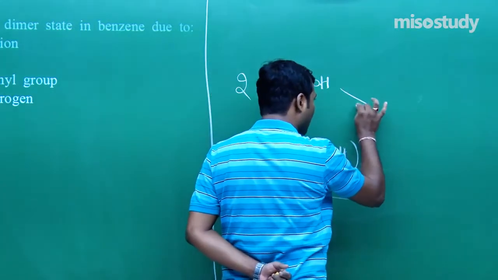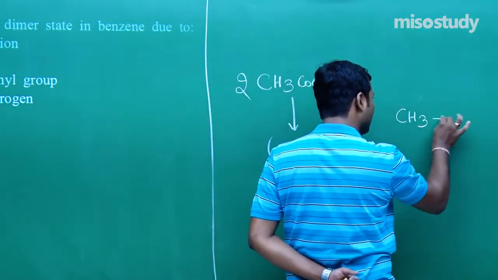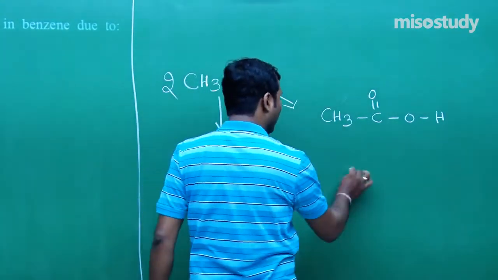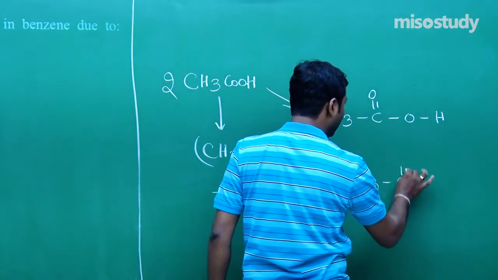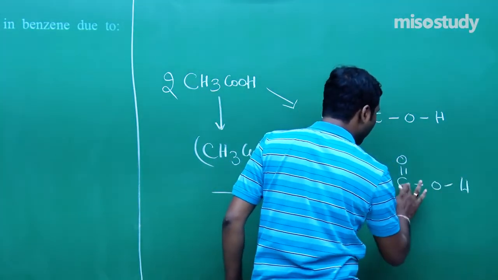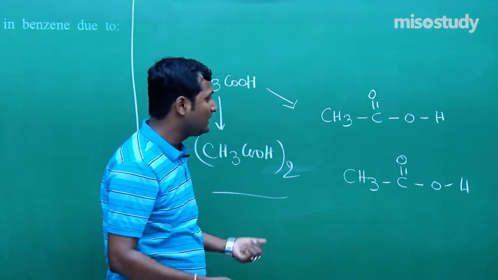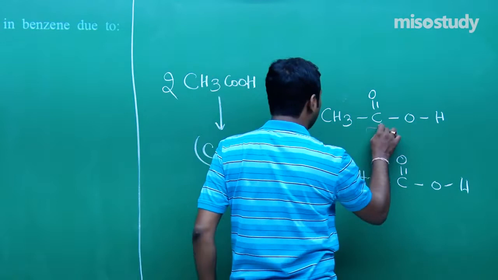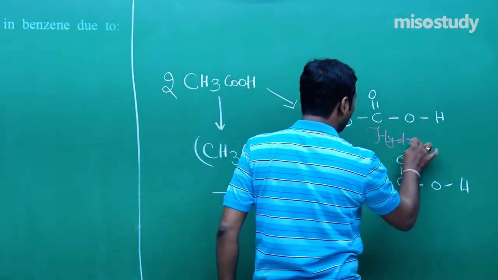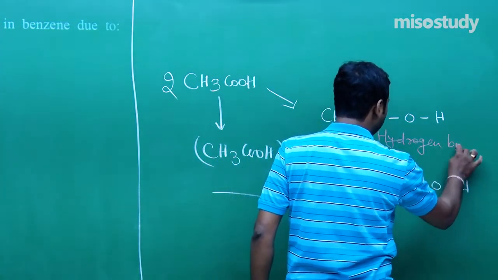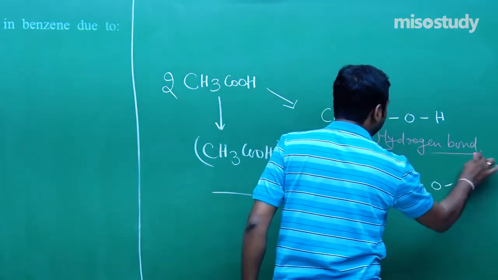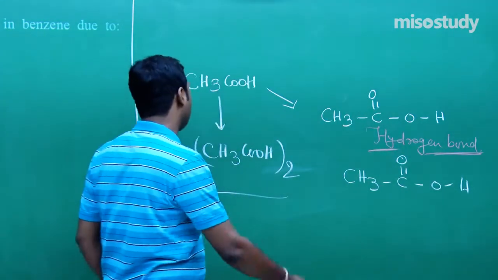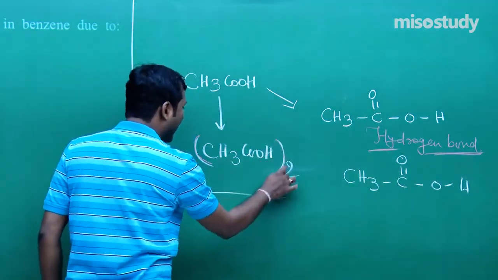As we talk about the structure, that is C double bond O, H like this. If I take a second molecule of acetic acid, then look at, very easily, there is a maximum tendency to form hydrogen bonds. Clear to you? If there is a tendency to form hydrogen bonds, then they will associate, dimerize and exist in dimer form.